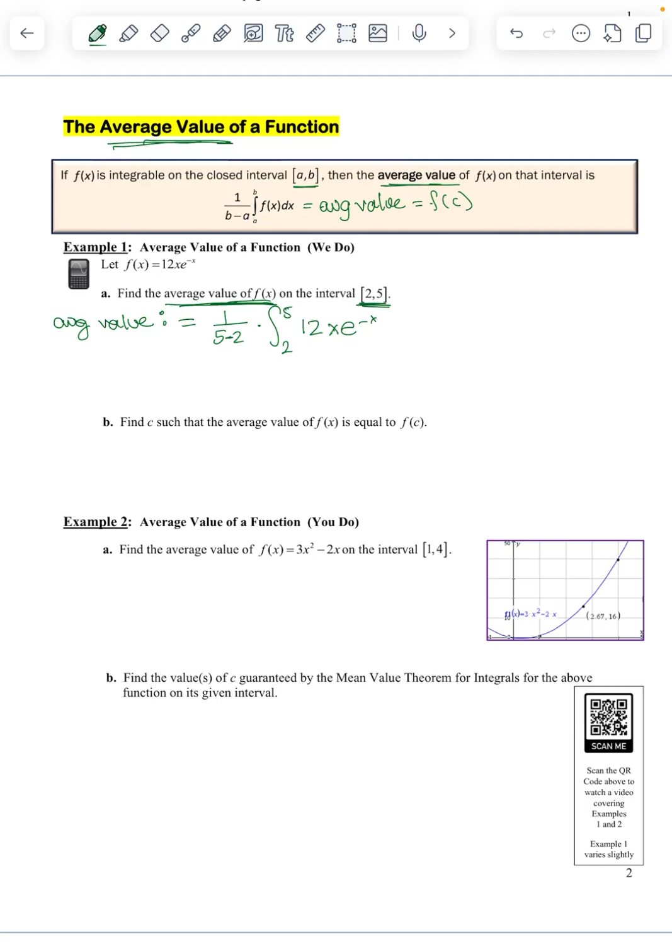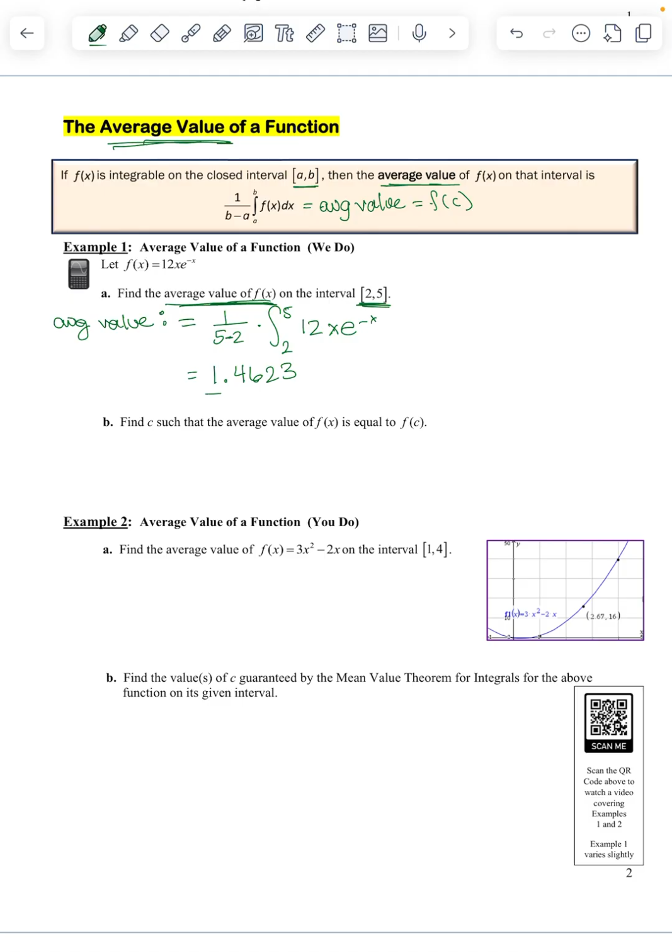So if you put this into your calculators, you will get an answer of approximately 1.4623.